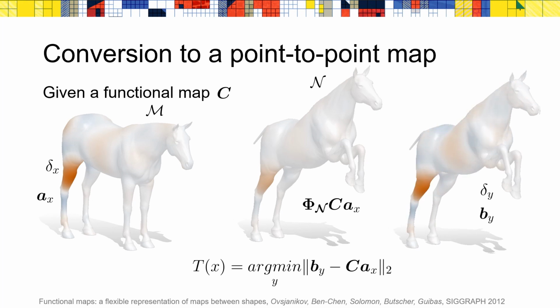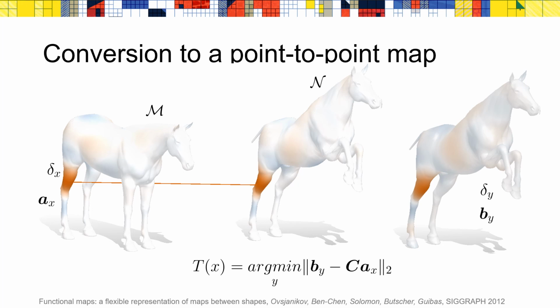And once we have the one that minimizes the minimization problem, then we can assign to the point x its corresponding point y.